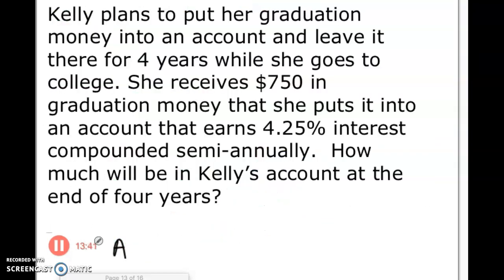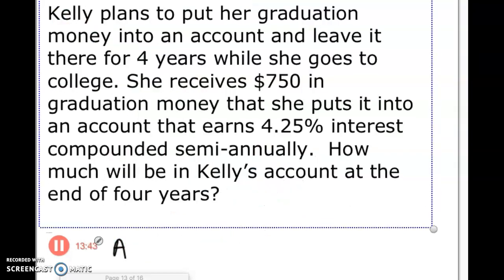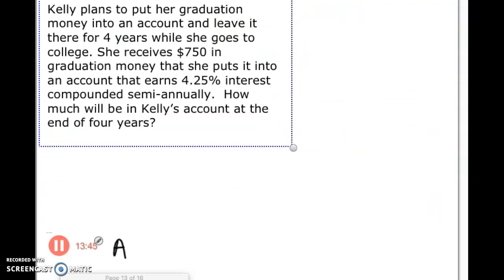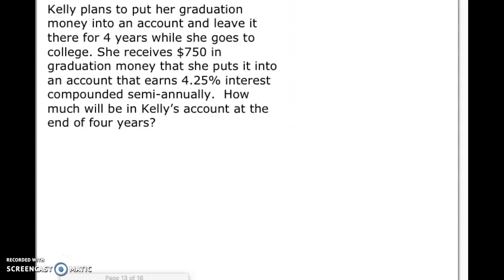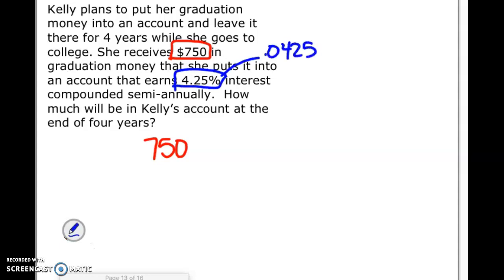Okay, so let's do one more. I'll shrink this so that you can get a little bit more space to work. We're going to look for a few different pieces here. My starting amount, we received 750, so that's going to be my first value. My rate, I'm going to use 0.0425. It is always growing with money, 0.0425.